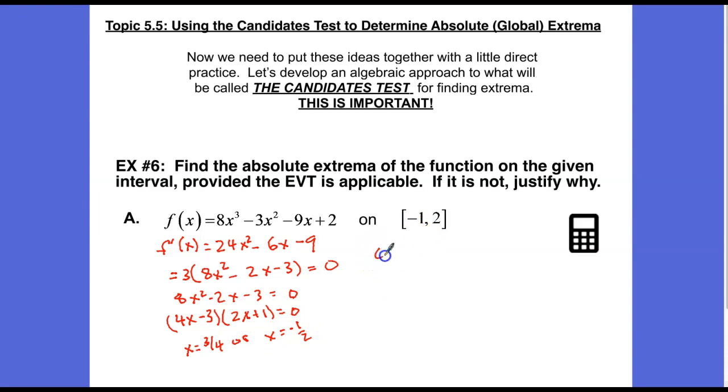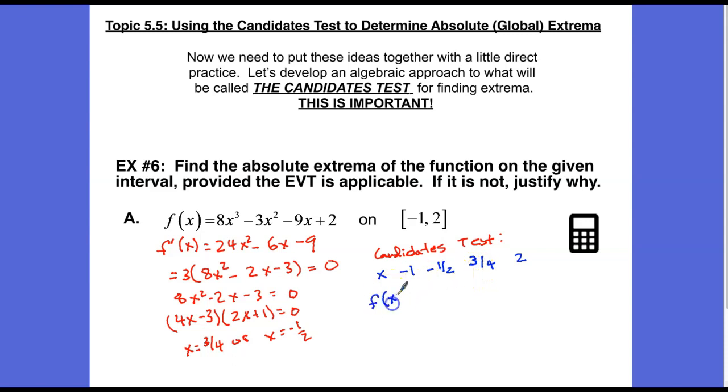And so then here we have the candidates test. So we'll have x values of -1, -1/2, 3/4, and 2. So the two endpoints and the two values where the slope is equal to 0.